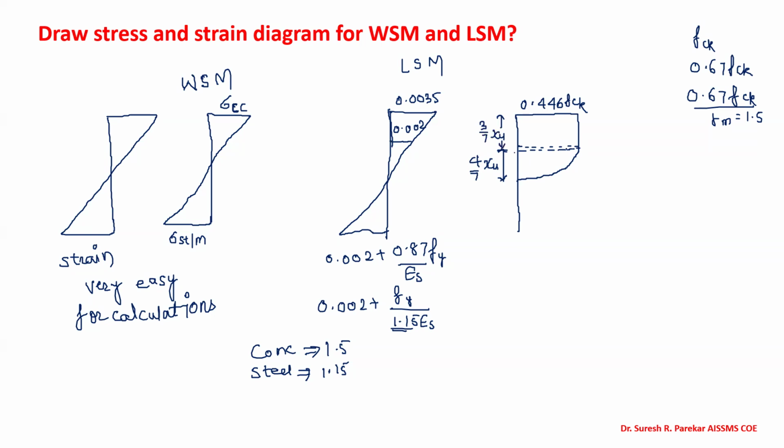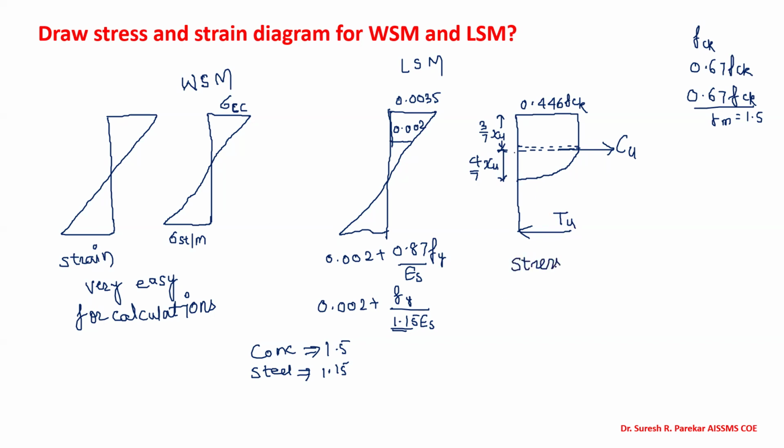And then we have the compressive force over here, CU. You can show it left or right, that doesn't matter. And then we have the reinforcement force, TU, and these two act in opposite directions. So this is my stress diagram.